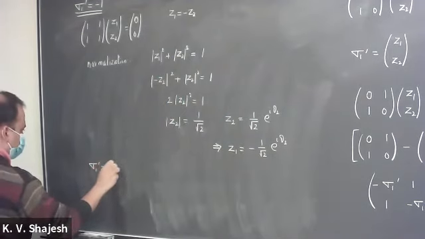So that's another phase, but these two are the same phase. That's necessary because sigma 1 prime is equal to Z1, Z2, which equals e raised to i theta times 1 over root 2 times the vector 1, minus 1.